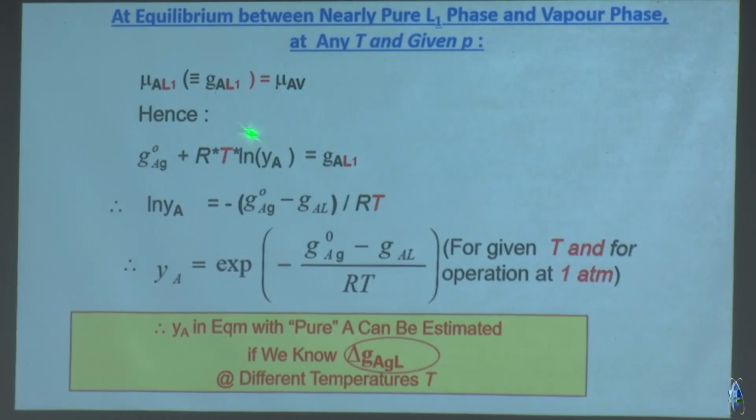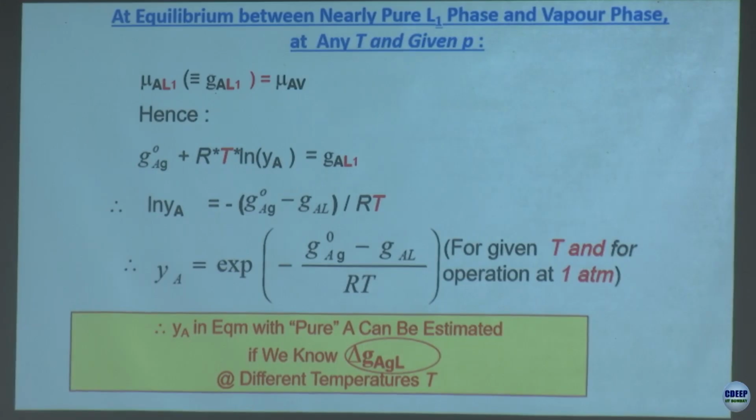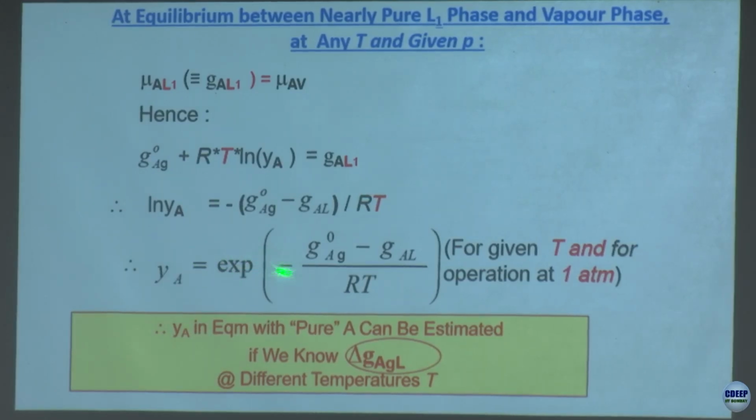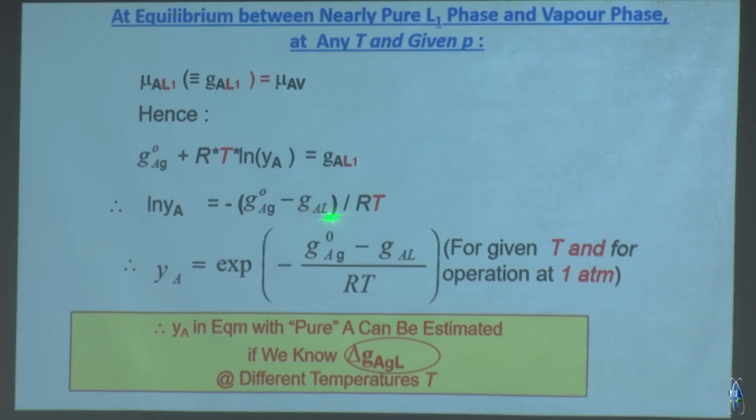If that is the case, then this can be opened, and you have ln Y, the ln of the mole fraction of A in the vapor phase, equal to the chemical potential of A in the gaseous phase minus the chemical potential of A in the liquid phase at any given temperature T, and Y becomes the exponential of this particular term for a given T and for atmospheric pressure operation. So, all we have to do now is find out the value of this term at different temperatures.